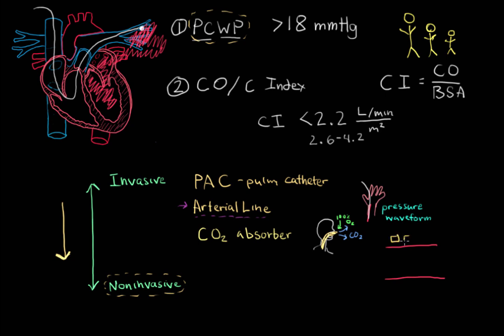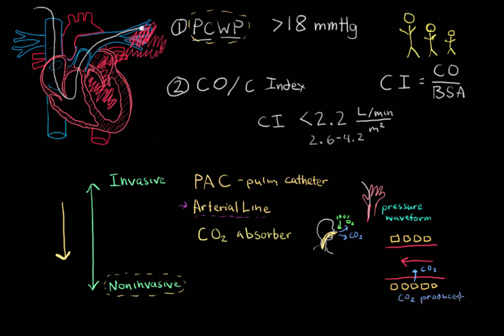So here's a blood vessel, and here are cells that I'm drawing in orange. And let's say the blood is progressing in this direction. As cells work to create energy and utilize oxygen, they also produce carbon dioxide. And of course, that's where carbon dioxide is coming from: cellular production.